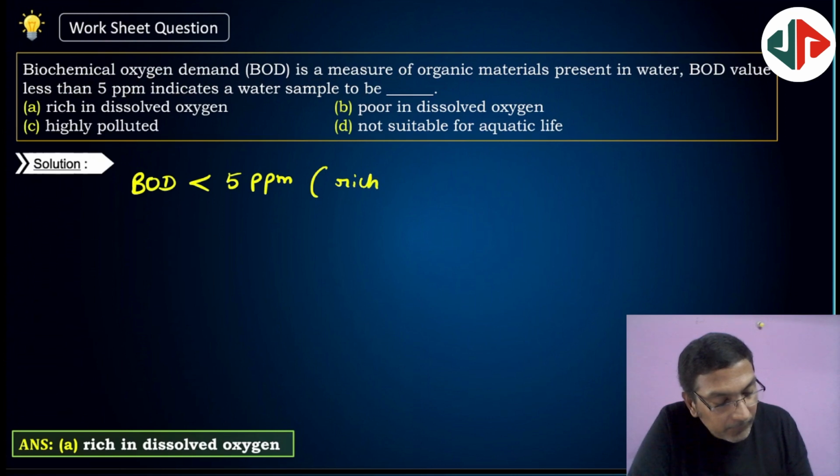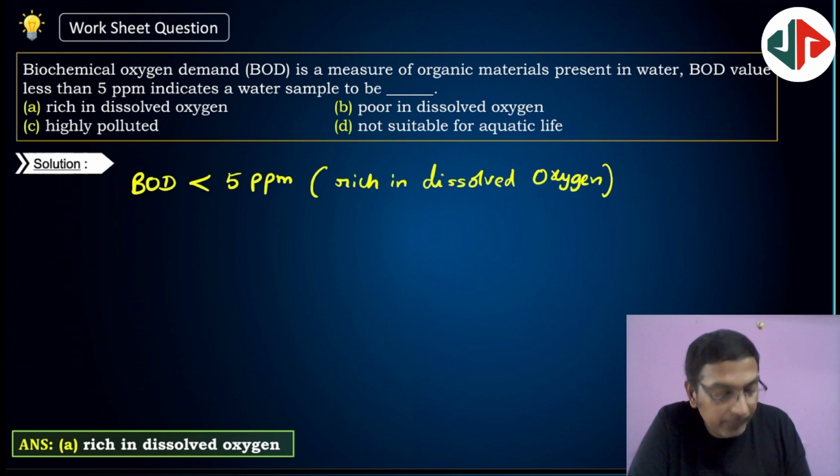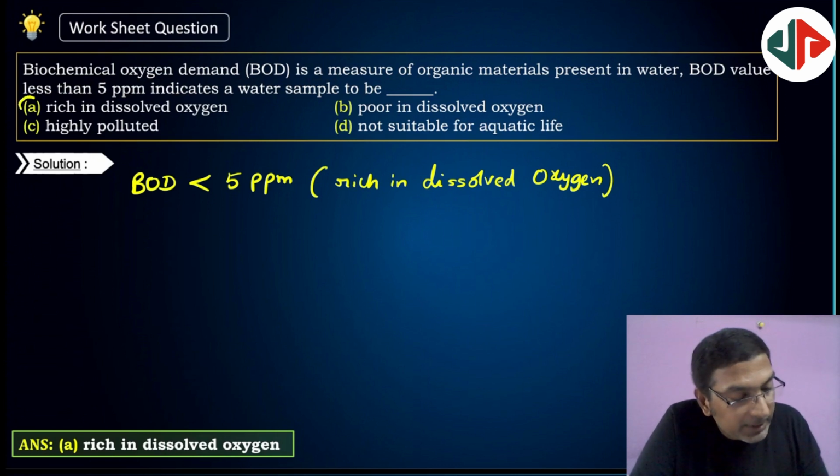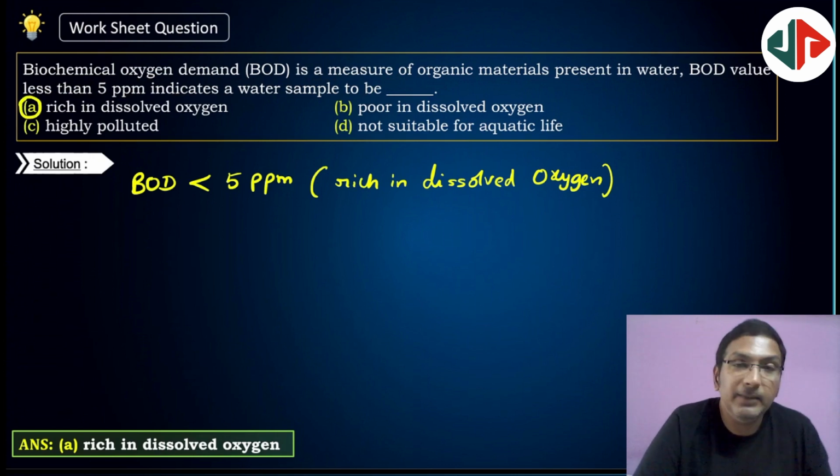somewhat pure water. It is rich in dissolved oxygen. Therefore, option A. If it is greater than 17, it is highly polluted water.